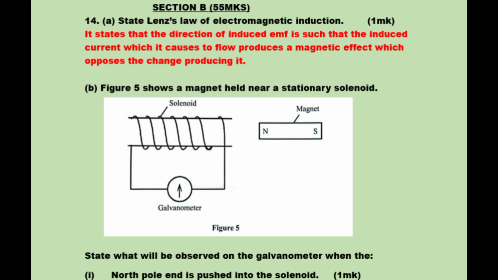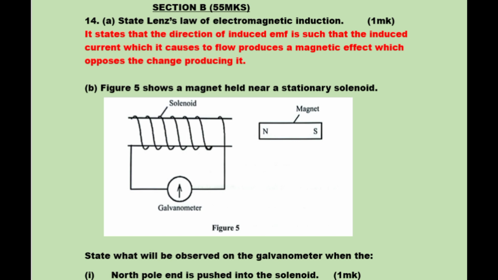If you're moving a magnet towards the coil, it forms a north pole towards the magnet, meaning it is repelling the magnet which is moving towards the coil. If it is moving away, then it forms a south pole, meaning it will be attracting the magnet which is moving away. In other words, Lenz's law says the induced EMF or current produces a magnetic field that opposes the change causing it.